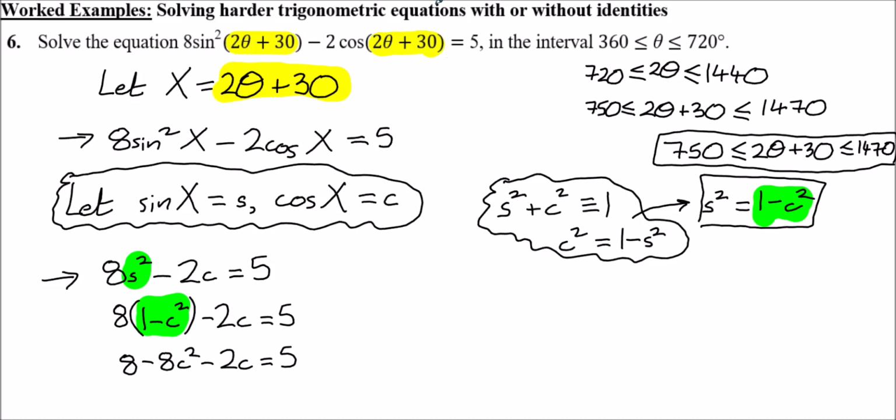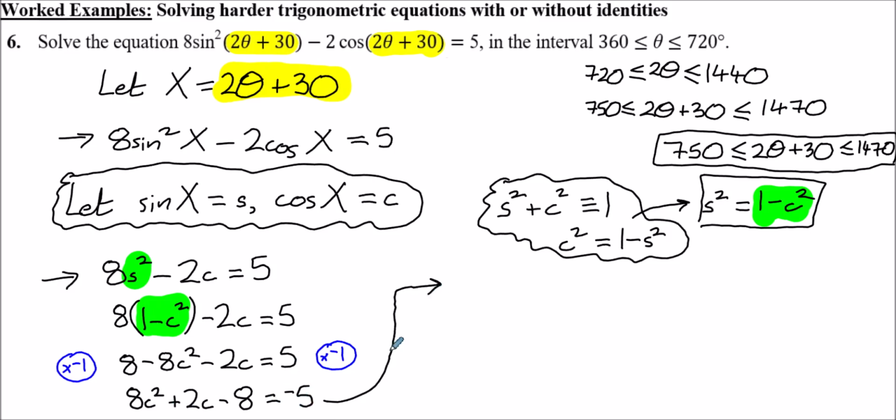So what I'm going to suggest we do here is multiply both sides of this equation by negative 1. What that will give us is positive 8c squared, positive 2c. This positive 8 becomes negative 8, and this 5 multiplied by minus 1 becomes minus 5.